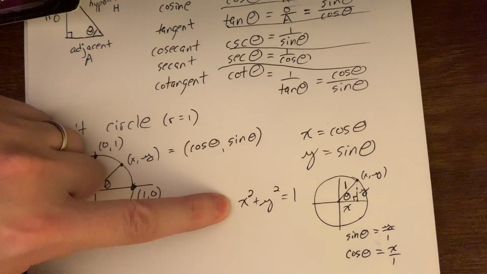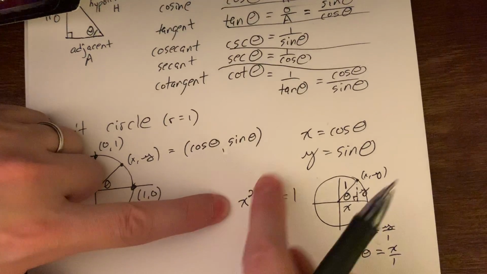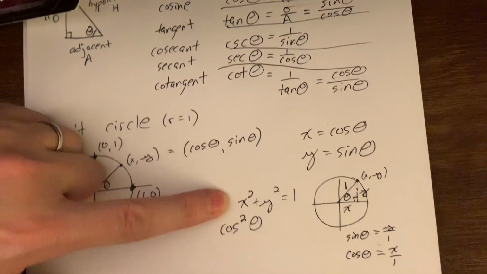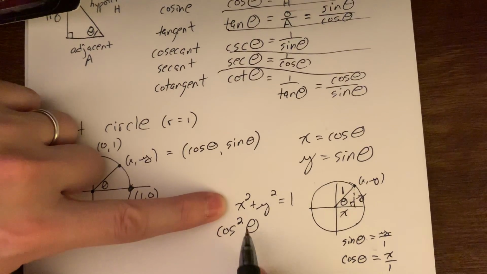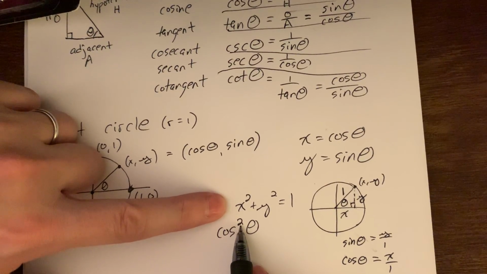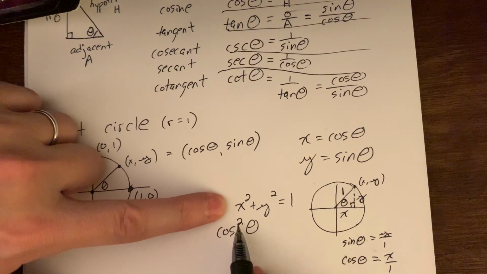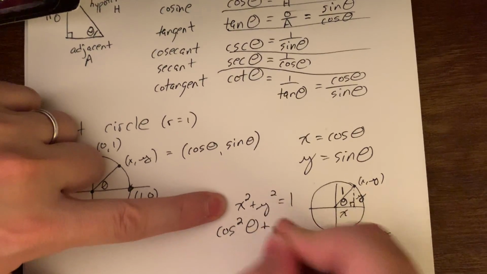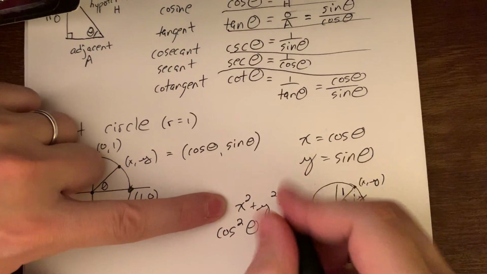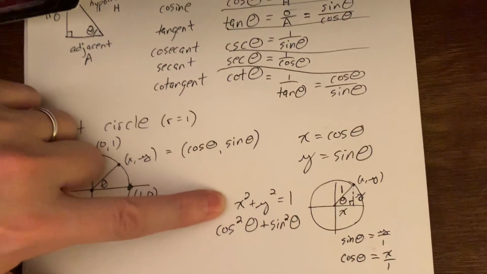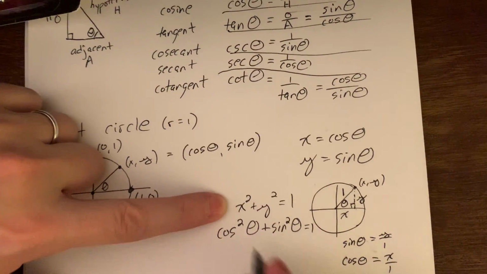But now let's translate that in terms of the trig functions. X is cosine, so x squared is cosine squared. And notice, that is traditionally where we put exponents on trig functions. If you put it here, it looks like the angle is being squared, not the trig function. So that's how we write cosine squared plus y squared, well, y is sine, so y squared becomes sine squared, and that still equals 1.